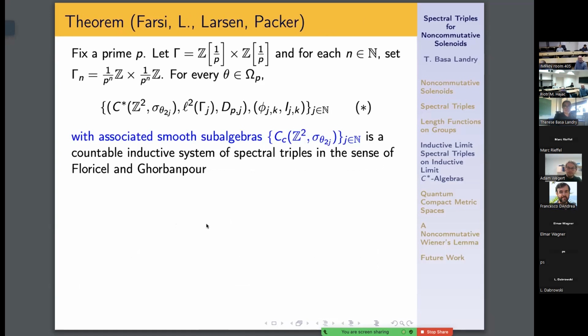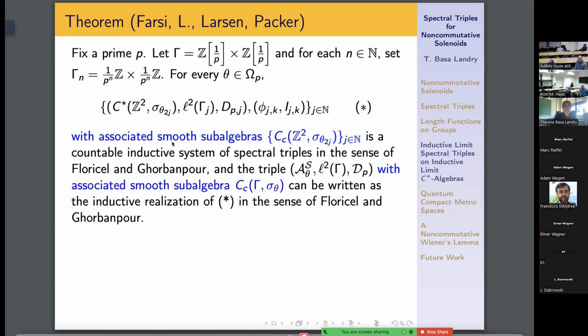And so here's how one might write our spectral triples as an inductive system of spectral triples. These are each the spectral triples on the quantum tori.